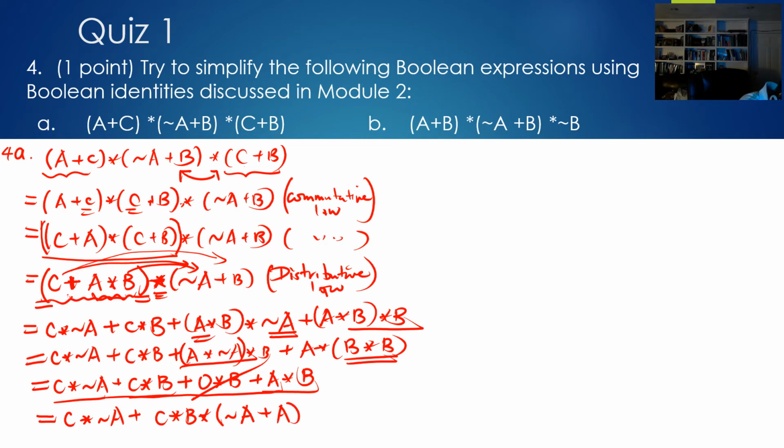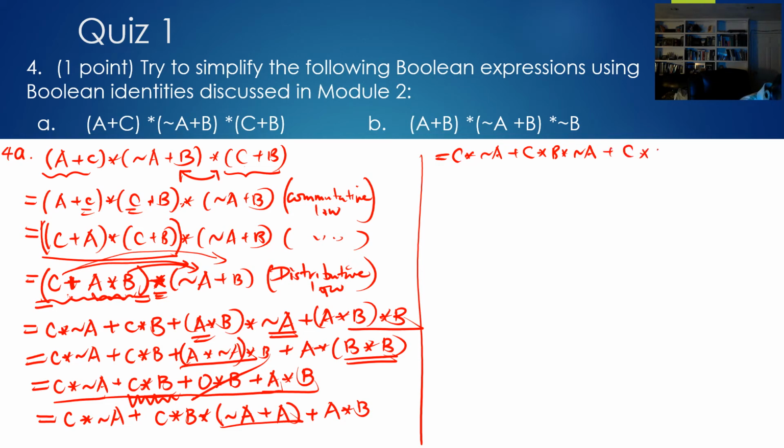So then plus A times B. For the middle one, I just multiply by 1, which is tilde A plus A. So then you can continue. Use the distributive law. I get C times tilde A plus C times B times tilde A, plus C times B times A, plus A times B.